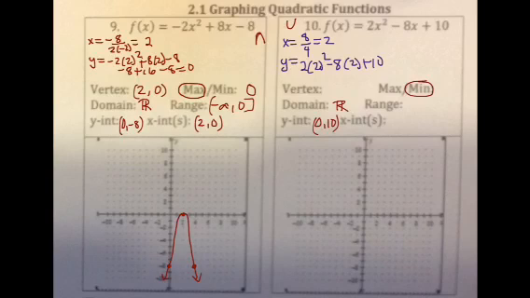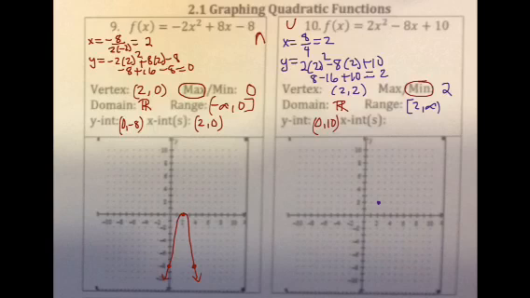So that's 4 minus 16 plus 10. So that's 14 minus 16, so that gives you -2. Wait, so the vertex is (2, 2). So that gives me the minimum value of 2 and the range from 2 to infinity. As for the x-intercepts, notice that the vertex is at (2, 2), so it's right here, and it opens up.